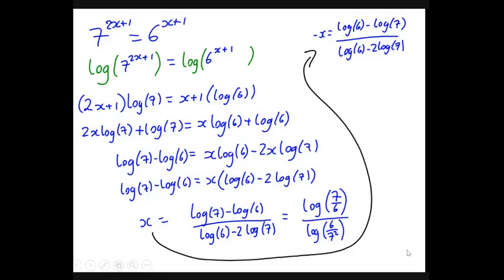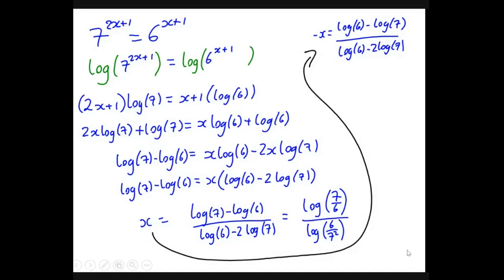If it were log 6 minus log 7 over log 6 minus log 7, then yes, you could say it's definitely equal to 1. But because there's a 2 log 7, you can't do that, unfortunately.